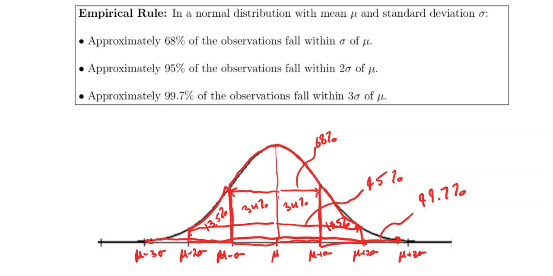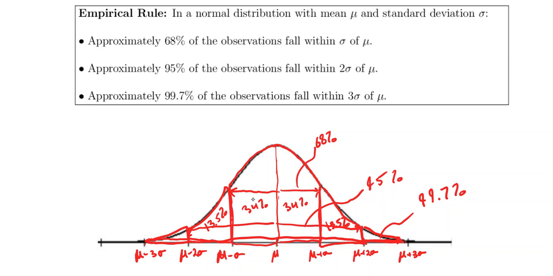And then we can continue our game even further down the line. Since within 3 standard deviations of the mean we have 99.7%, half of that on the left-hand side is approximately 49.85% of our data within 3 standard deviations below.